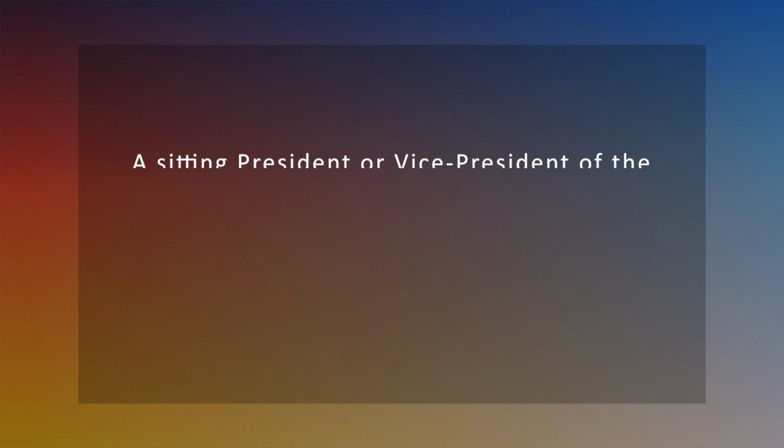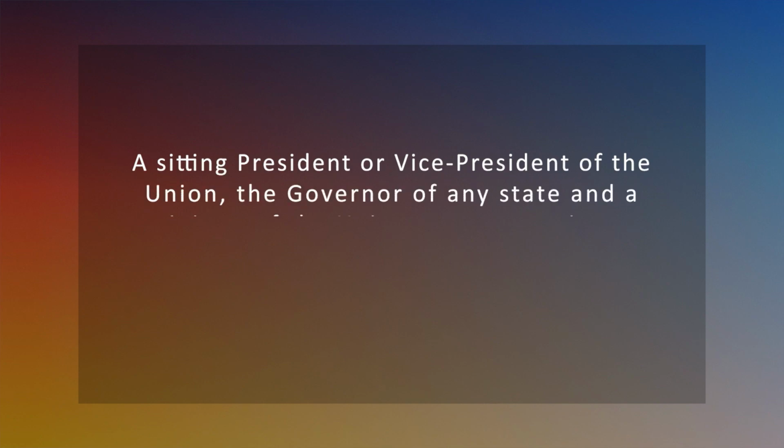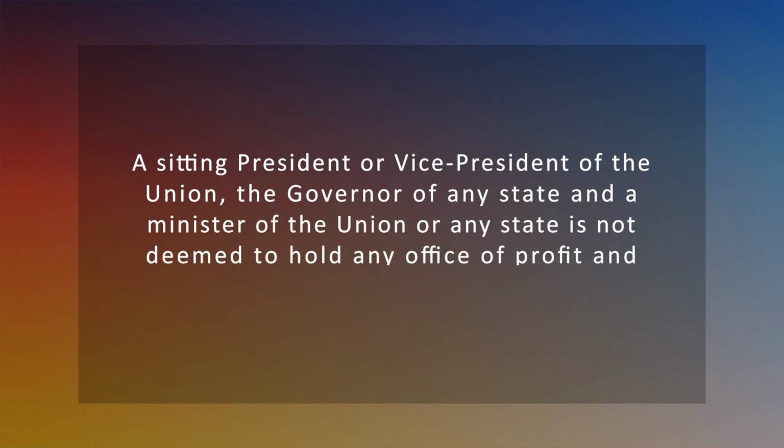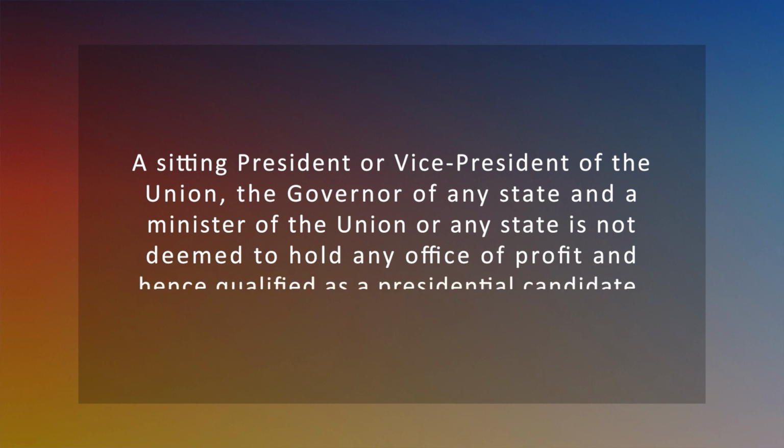A sitting president or vice president of the union, the governor of any state, and a minister of the union or any state is not deemed to hold any office of profit and hence qualified as a presidential candidate. President must be subscribed by at least 50 electors as proposers and 50 electors as seconders.